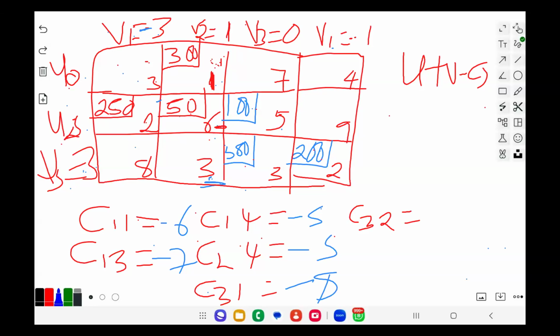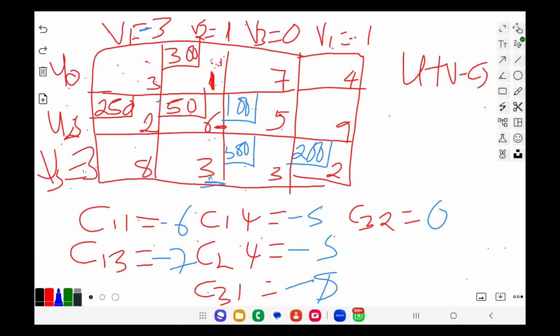Then on 3 here, C32, it will be 3 plus 1 minus 3, which is 0. Interesting.